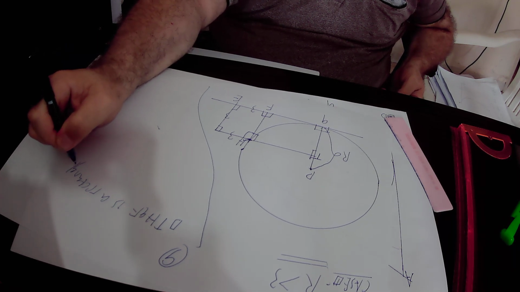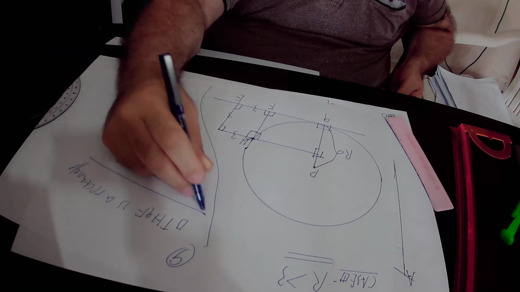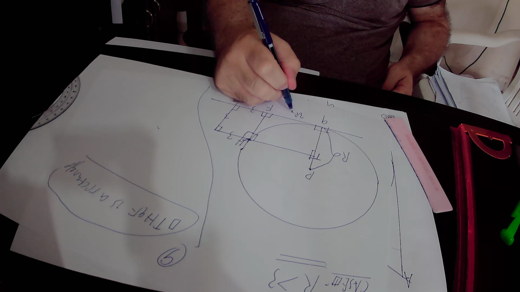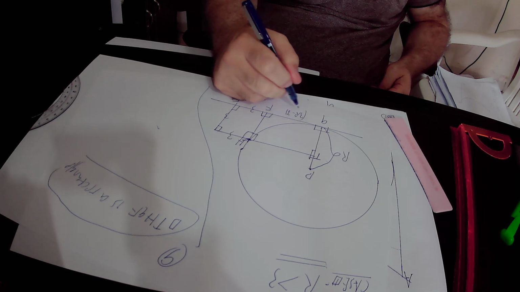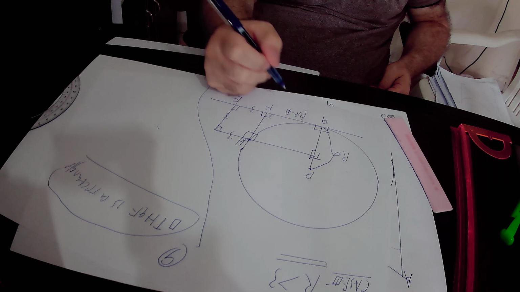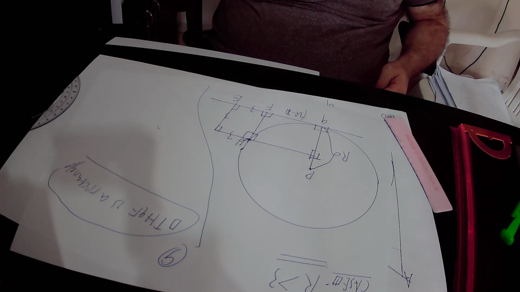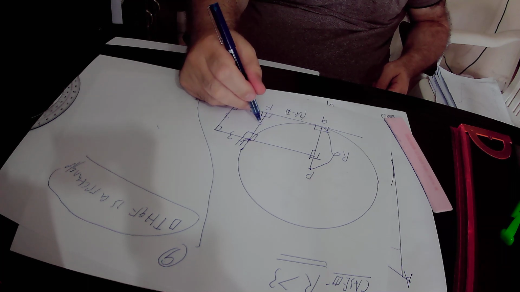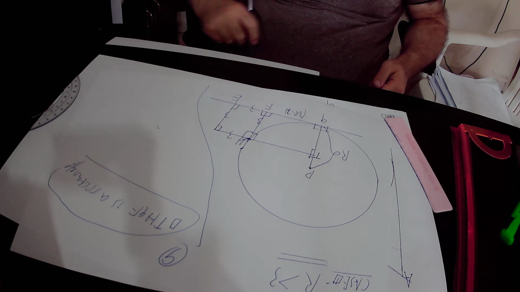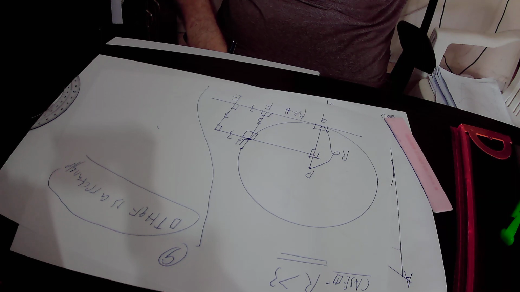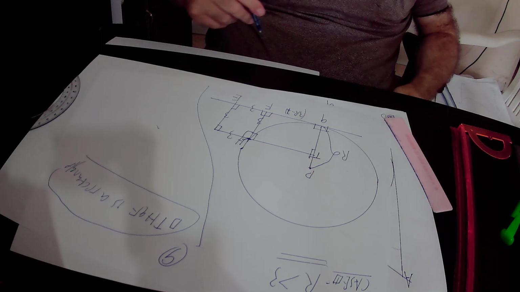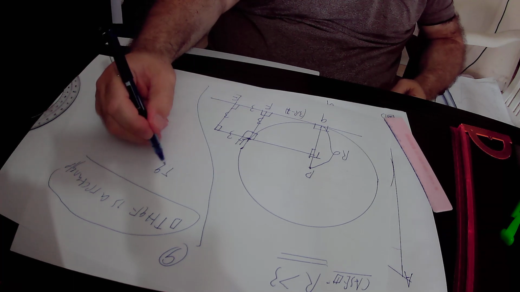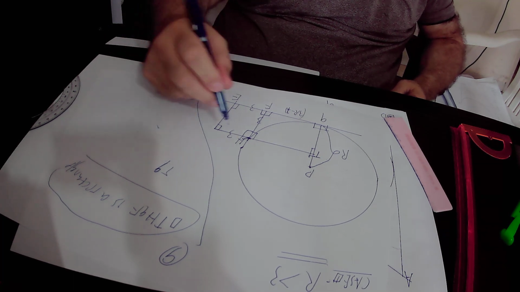And we know that the opposite sides of a rectangle are equal to each other. That is to say, here TQ is equal to HF.